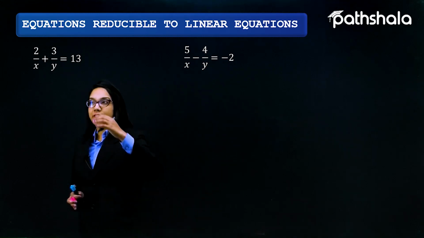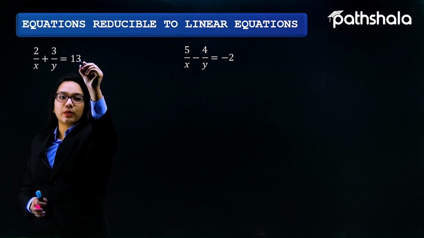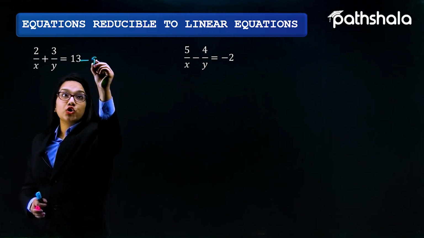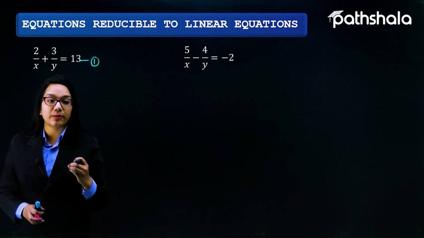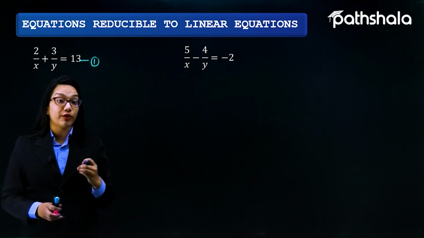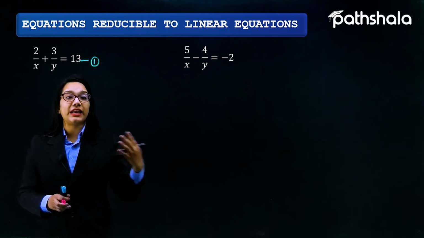For instance, for this very first equation, let us call it equation 1. For such an equation, always remember we have to substitute the variables of the form 1 by x with a capital A or any other variable.